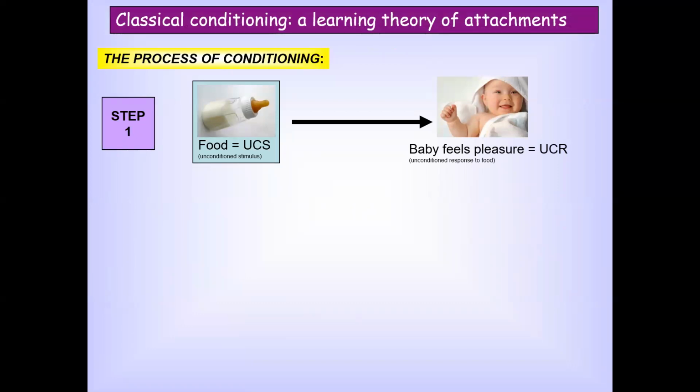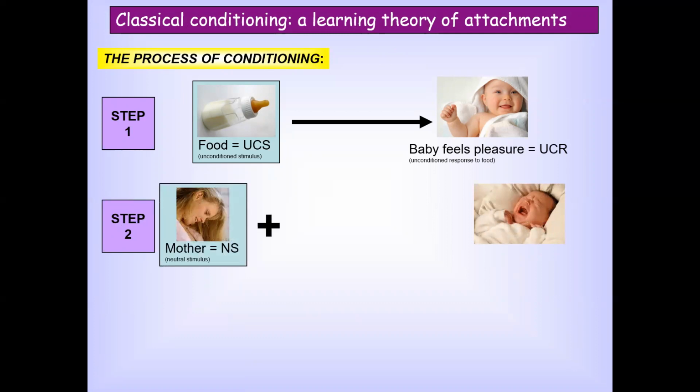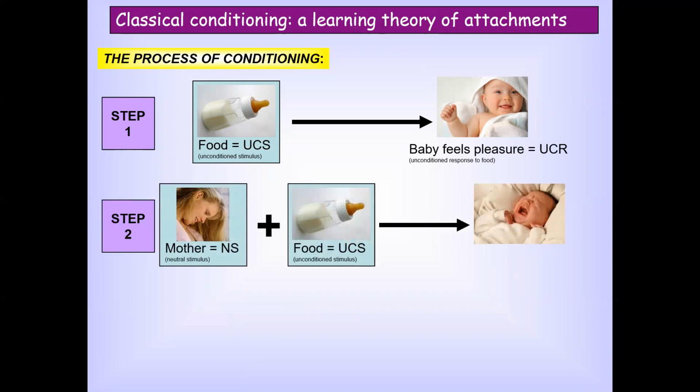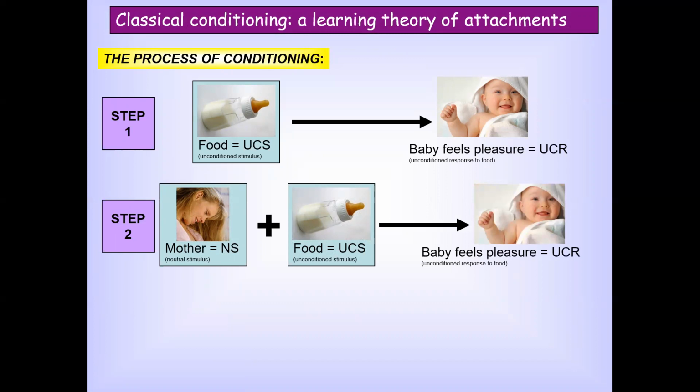Now, we need to pair the neutral stimulus with the unconditioned stimulus to get the unconditioned response. So in this case, the neutral stimulus is paired with the unconditioned stimulus and the baby feels pleasure. So the mother brings the food. So we're making this association happen, the baby feels happy. The mother and the food come at the same time, the baby then feels pleasure. Again, the mother and the food come at the same time, the baby feels pleasure.